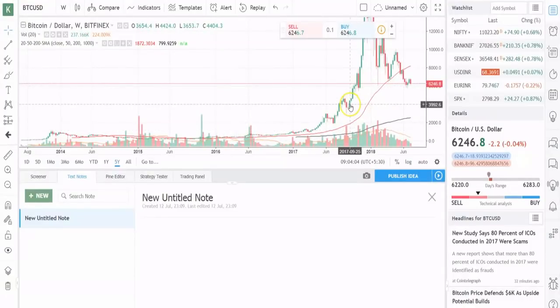Now, here's the key point. That golden cross wasn't an indicator of how long it would take for the bull run to come, but what it did indicate was the sell-off was over, meaning that golden cross was an indicator of a buying opportunity, a perfect buying moment.